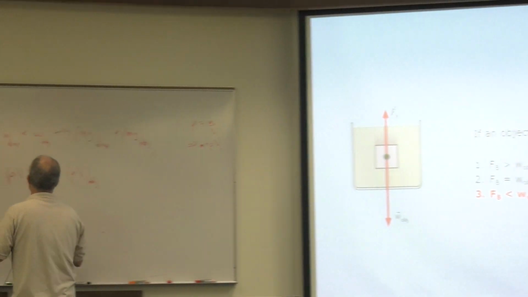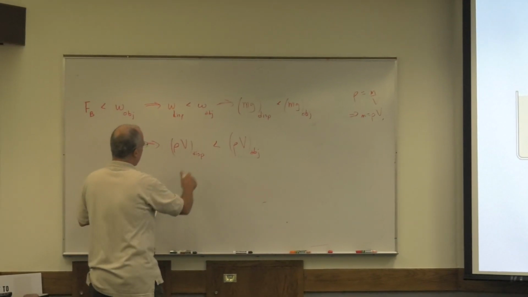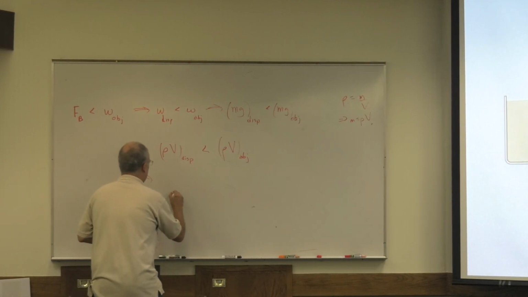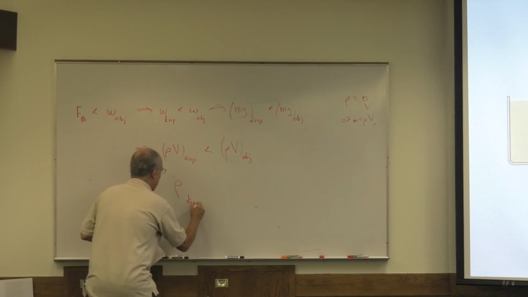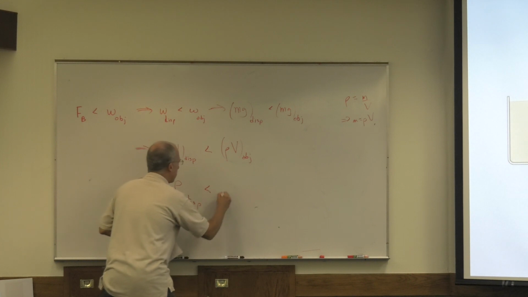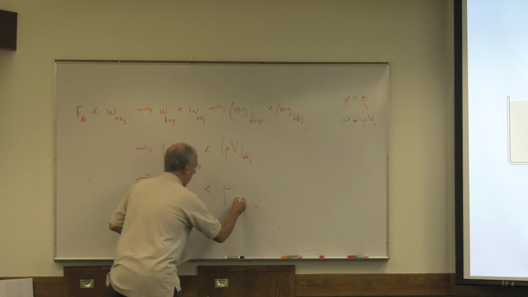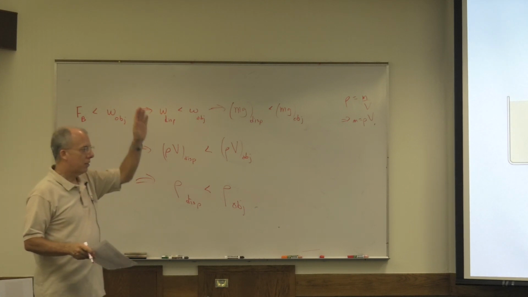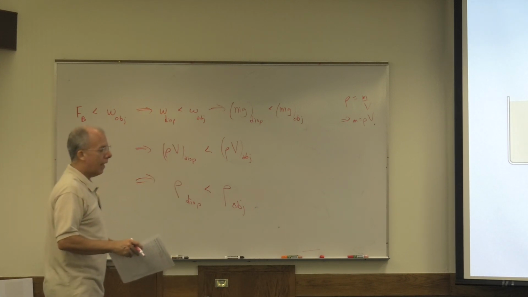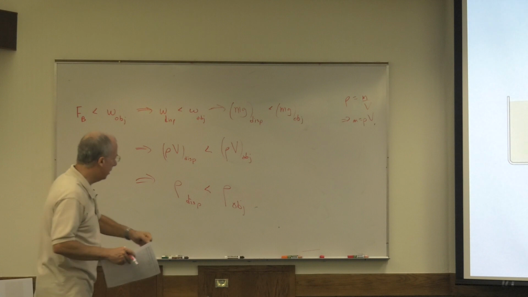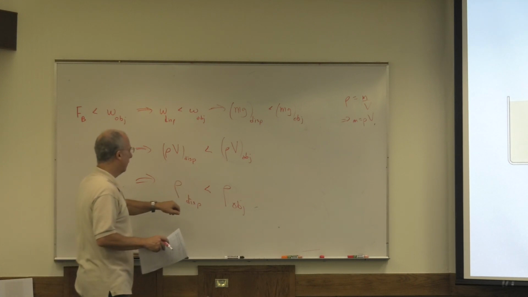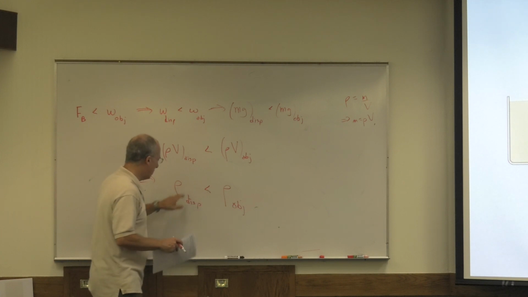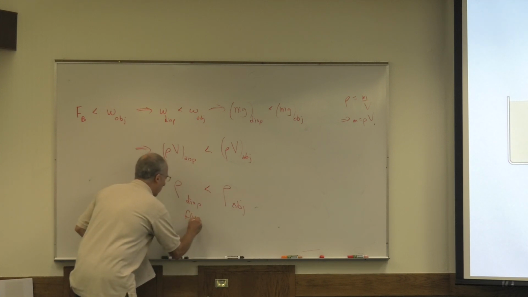So therefore, we can get rid of the volumes because they're the same, and we can just say that the density of the displaced fluid has to be less than the density of the object. Ta-da! Okay? So again, whether or not something sinks or floats has to do with the densities. If it sinks, the density of the object is bigger than the density of the displaced fluid.